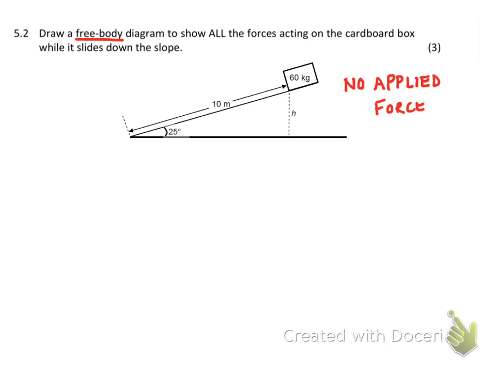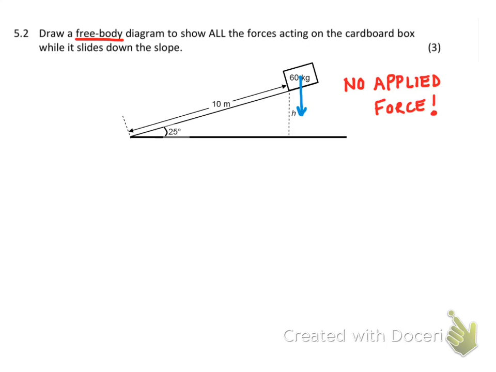Firstly, notice that there is no applied force in the situation. There's no engine driving this box. It is simply a box that slides down the slope due to its weight, or the force of gravity. So there's no applied force, so don't put in F app. That would only be if we had a car driving up or down a slope, or some other vehicle, or any object with a driving force, but there's no applied force here.